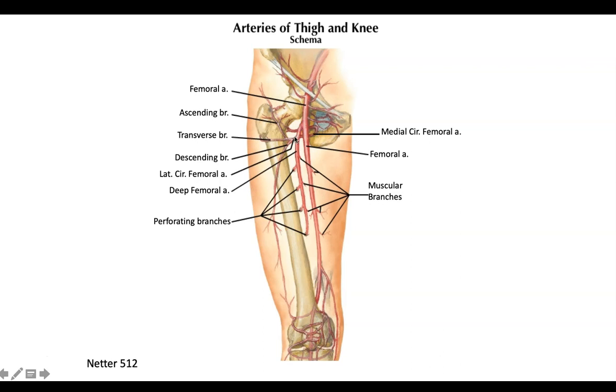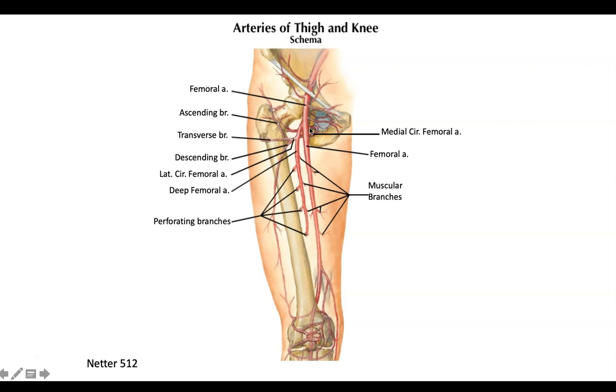The medial and lateral circumflex femoral arteries, you can see they surround the neck of the femur. Their branches anastomose with each other around the neck of the femur. So the medial circumflex femoral artery is deep and the lateral circumflex femoral artery is lateral. You will see the lateral circumflex femoral artery very clearly in the lab, but sometimes the medial circumflex femoral artery is difficult to see in the cadaver.